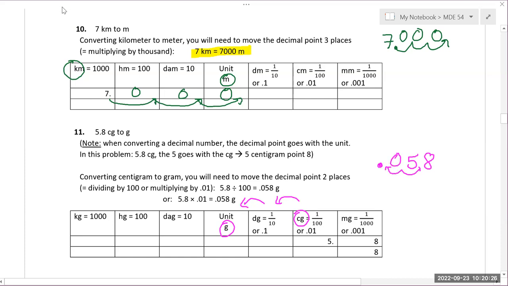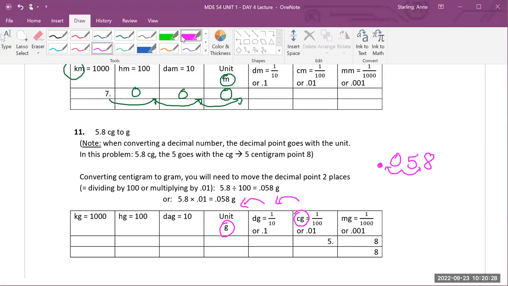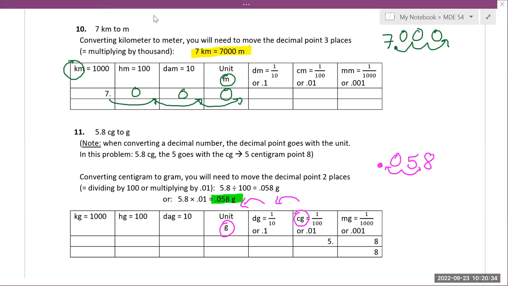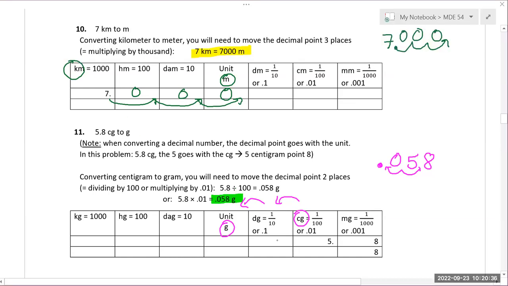So it's going to be 0.058 grams when I do that conversion. So I'm putting those zeros back right there. 1, 2 is my 2 there.